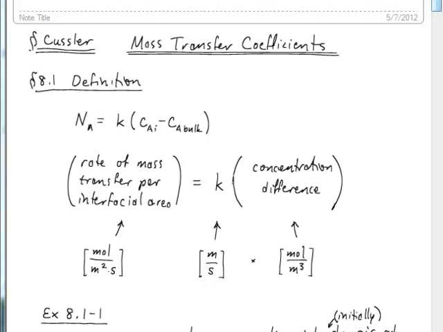Okay, so that's actually not such a counterintuitive term to call a velocity, because remember that the concentration multiplied by the velocity of the individual species was a flux, right?